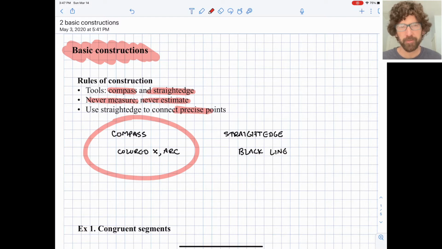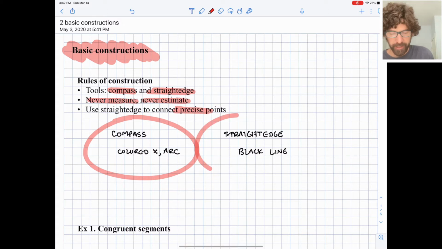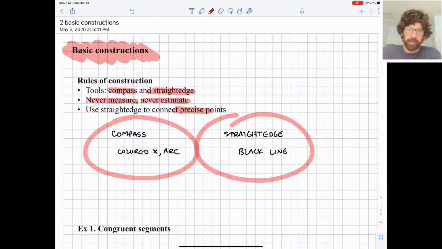I'm going to model what the compass would do, and I'll do my best to make it neat. I will mark a colored X as the center, where the metal tip of the compass goes, and an arc showing the actual arc the compass draws. For a straight edge, I'll represent all lines as straight black lines. Okay, let's see how it goes.